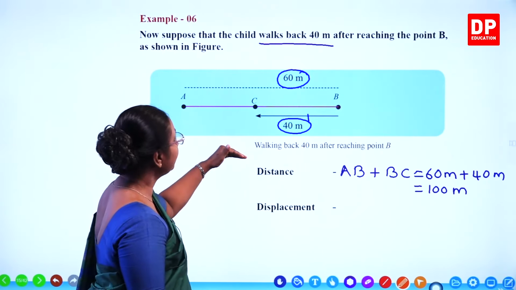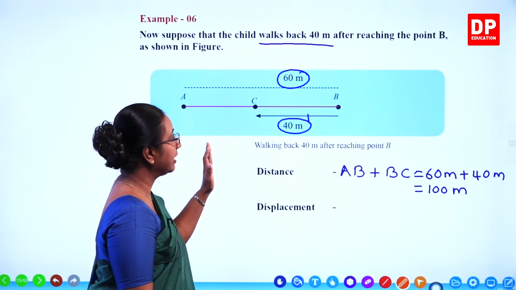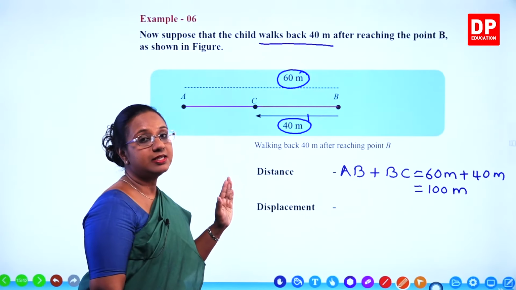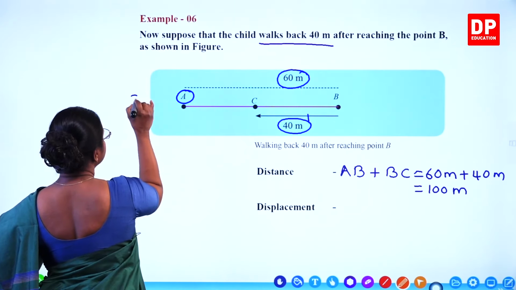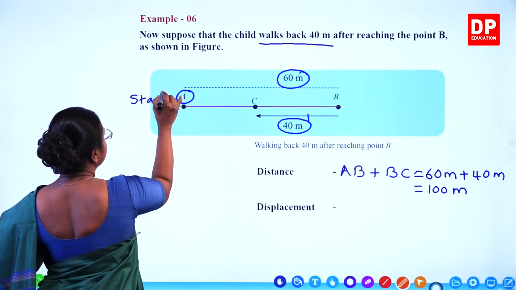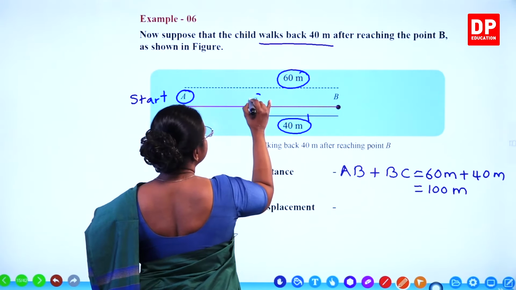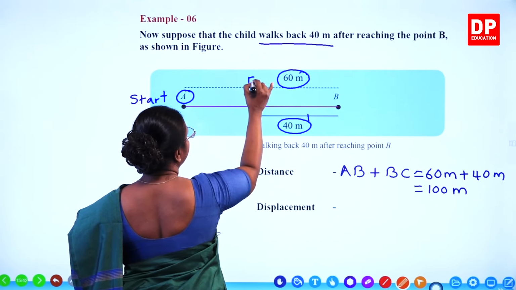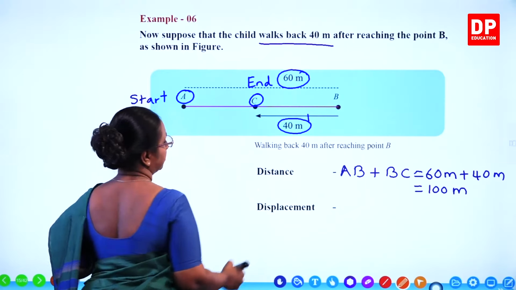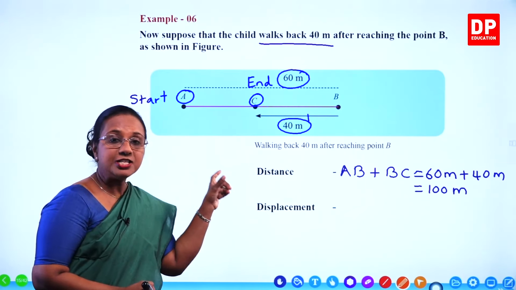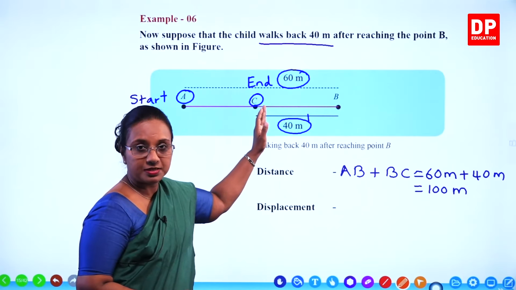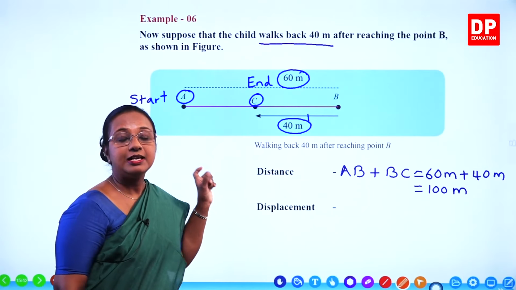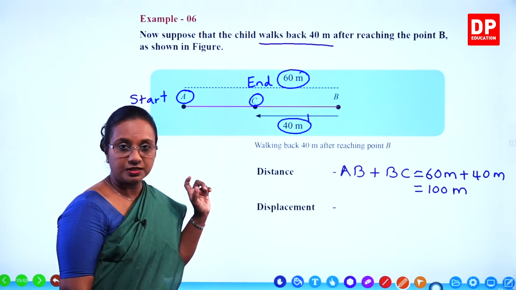But for the displacement, if you look at it, you have to consider the starting point A, that is the start, and this is the end point or destination. So the change in position, initial position, final position. So that is the displacement.